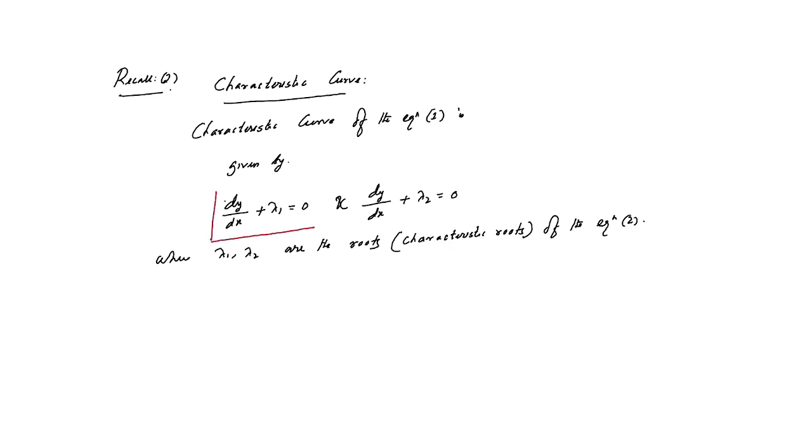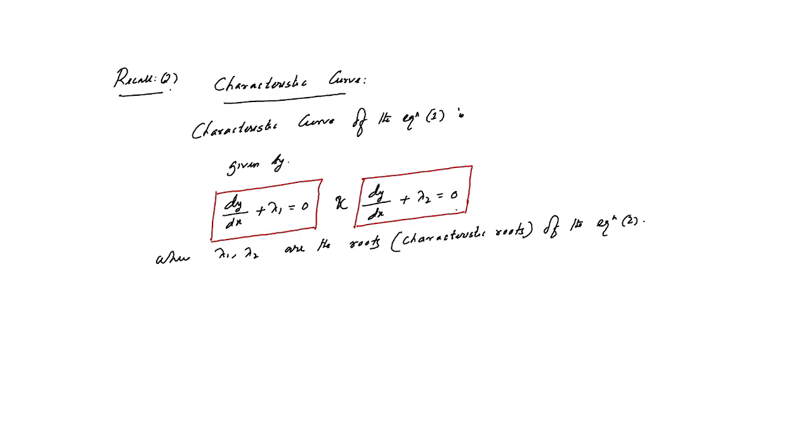One is the solution of dy/dx plus lambda 1 equals to 0, that first order linear ODE, and another one is dy/dx plus lambda 2 equals to 0. With respect to the second root, this is another characteristic curve.